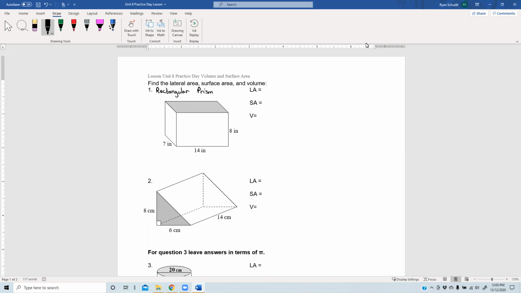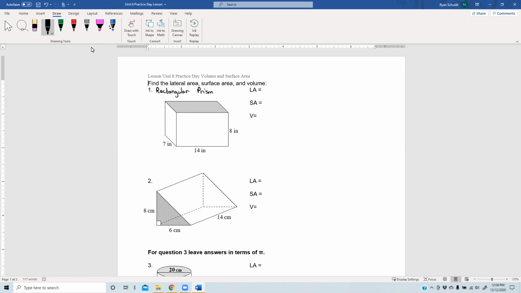So for the prisms, our formulas are, just let me back up, I even talked about formulas. For the prisms, we need three things we said. We're going to need P, which remember is the perimeter of the base.